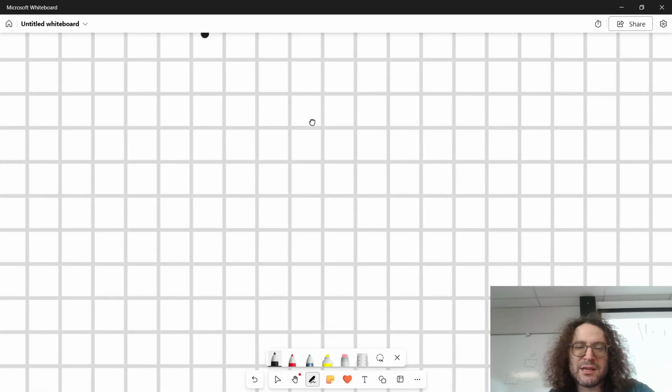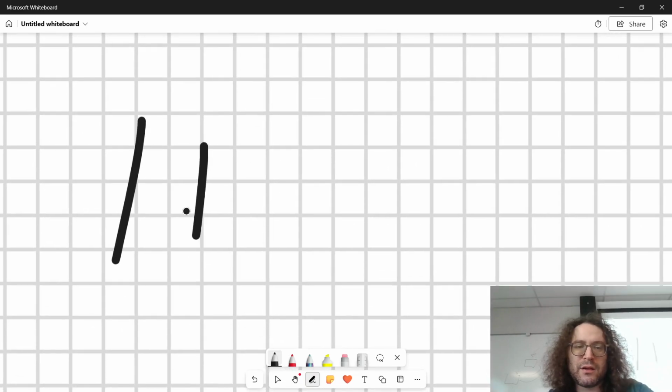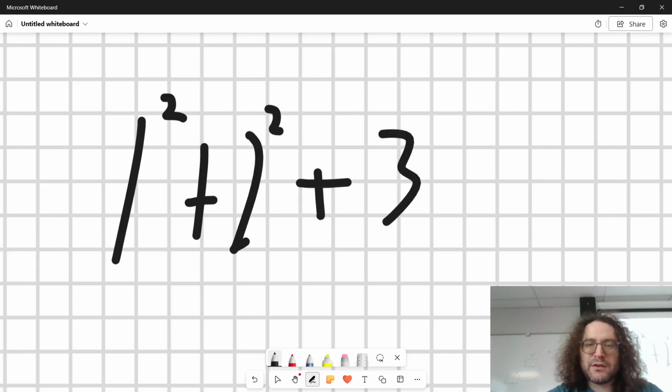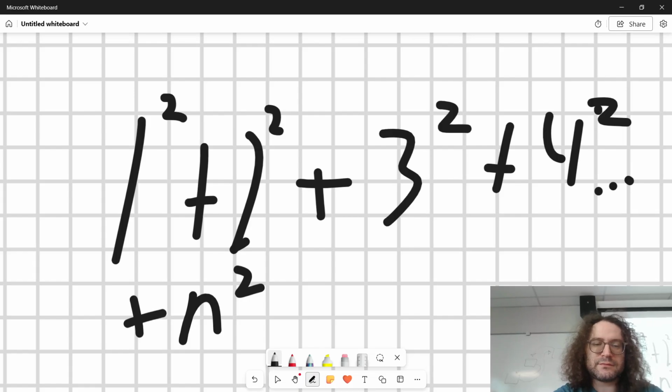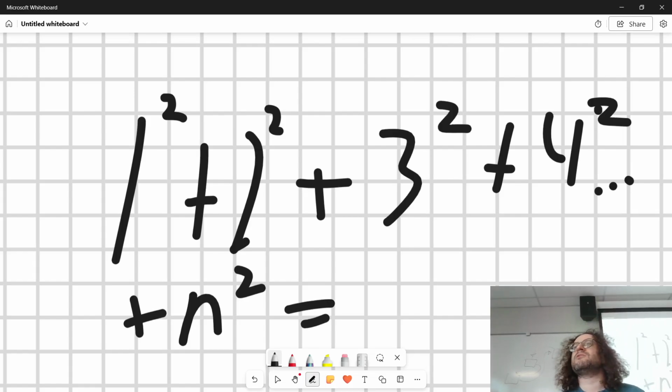Now that means you can kind of intuit that 1 plus 1 squared plus 2 squared plus 3 squared plus 4 squared, all the way to n squared, is going to equal something else. And since your initial intuition was n and n squared, your revised intuition is going to be correct: if the other one was n squared, then this is going to be big O of n cubed.